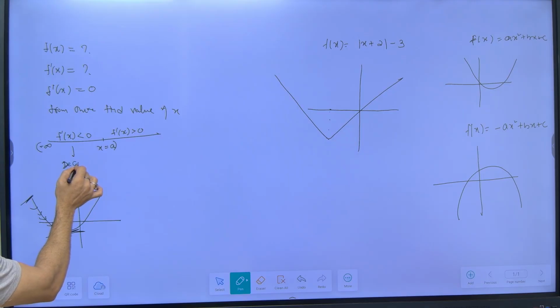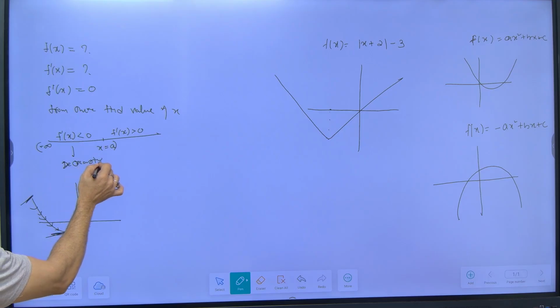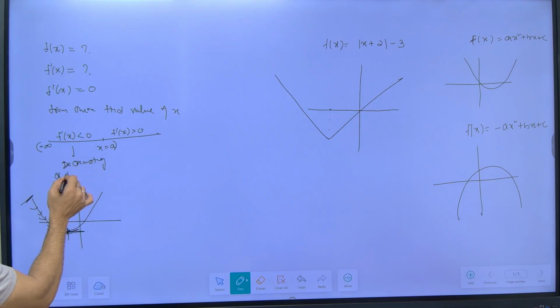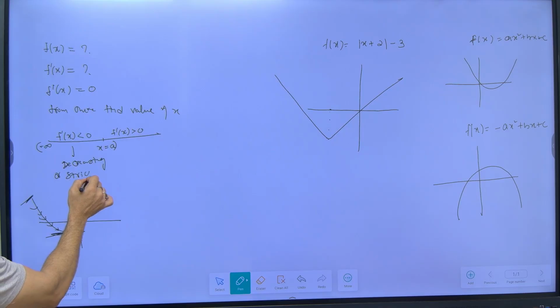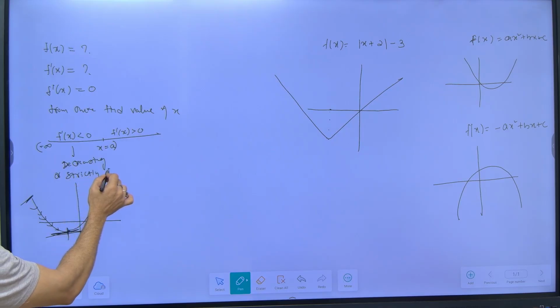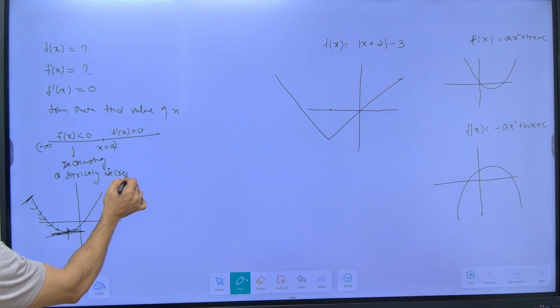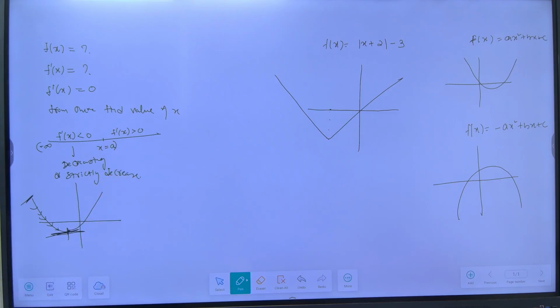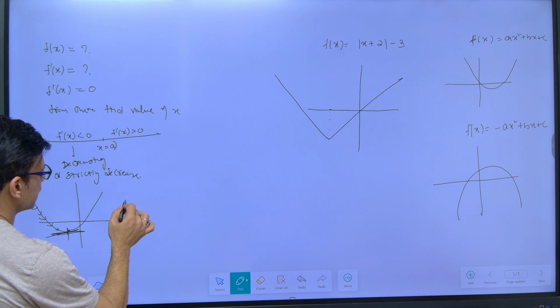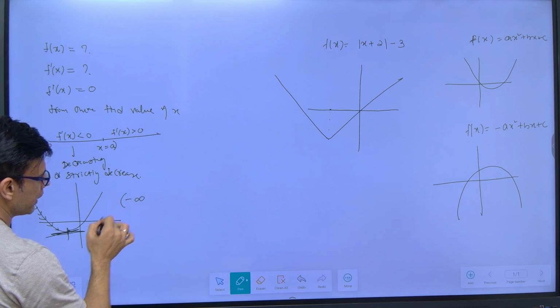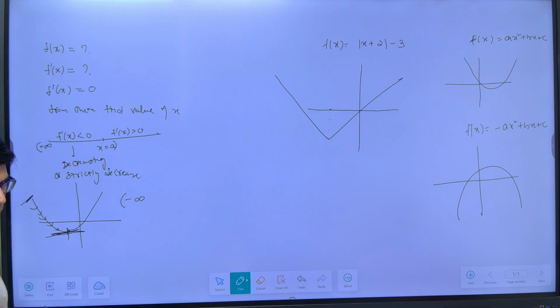Whether it is decreasing or strictly decreasing depends on what is being asked. So you have to write it like this: from minus infinity, at minus infinity you always have a round bracket.